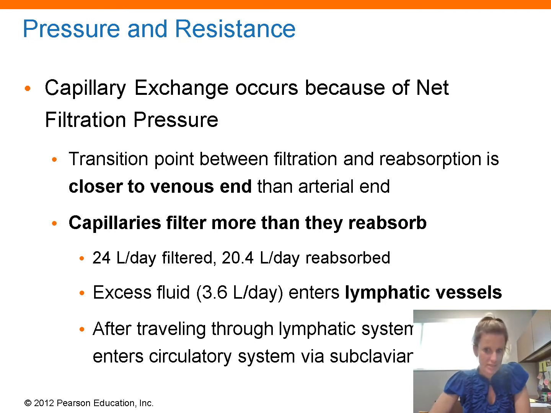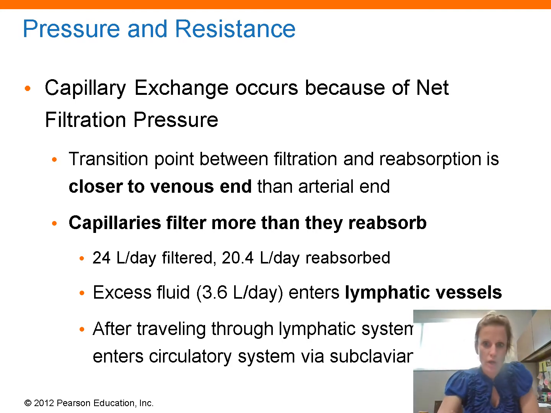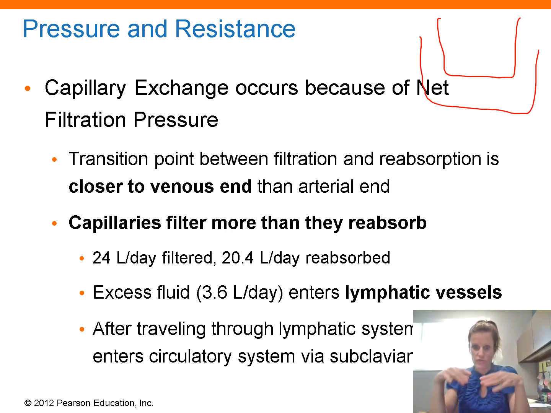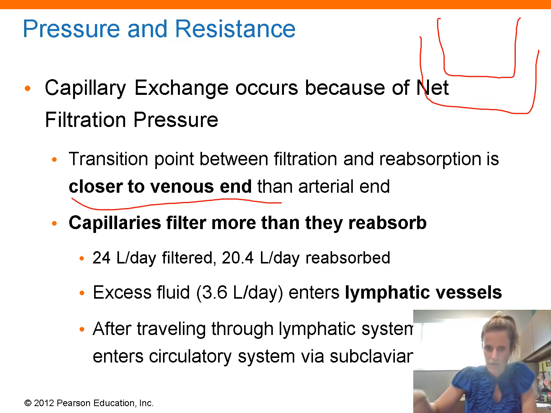Now, this transition point between filtration and reabsorption is not directly in the middle of the capillary. So the amount that we filter out and reabsorb back in, they're not equal. The spot where we switch from filtering out to reabsorbing back into the blood is closer to the venous end of the capillary.